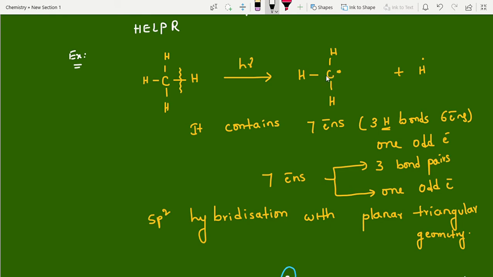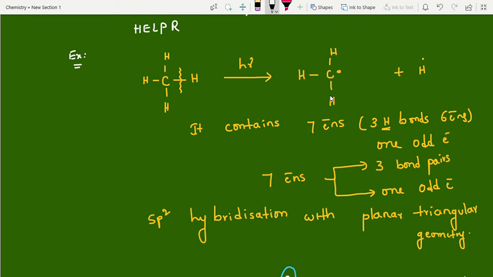But one more point: using the formula half into V plus M minus C plus A, carbon has 4 valence electrons, the number of monovalent atoms is 3, so 4 plus 3, and minus 1. That is 6 by 2, which is 3.